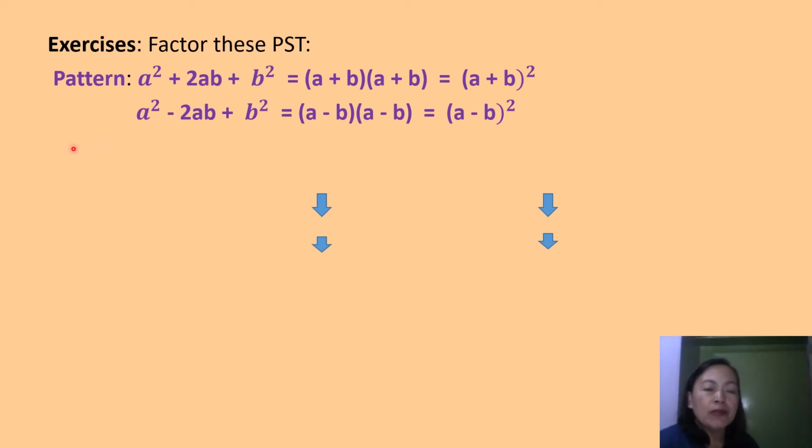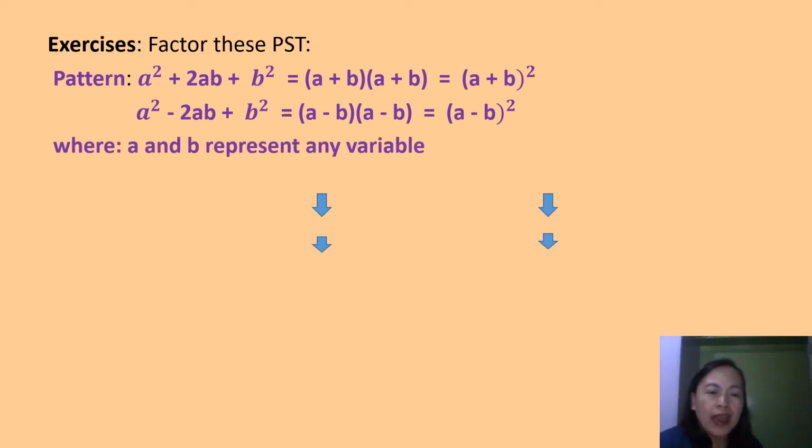Now remember, in this pattern, the A and the B represent any variable. Sometimes they can be X or Y, they can be M and N, right? Or any letters that represent a variable, right?